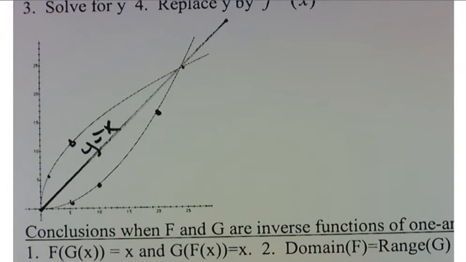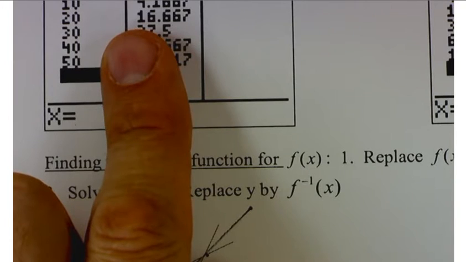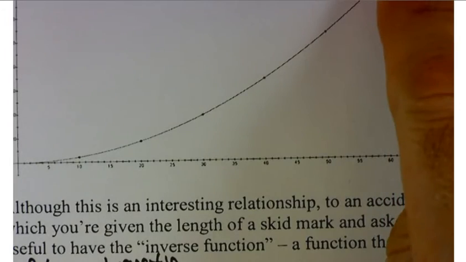I'm trying to remember what value I used for f. Let me just take a stab at one real quick. Let's see, so at 10 miles an hour, I've got to figure out what value I used for f here to create this.